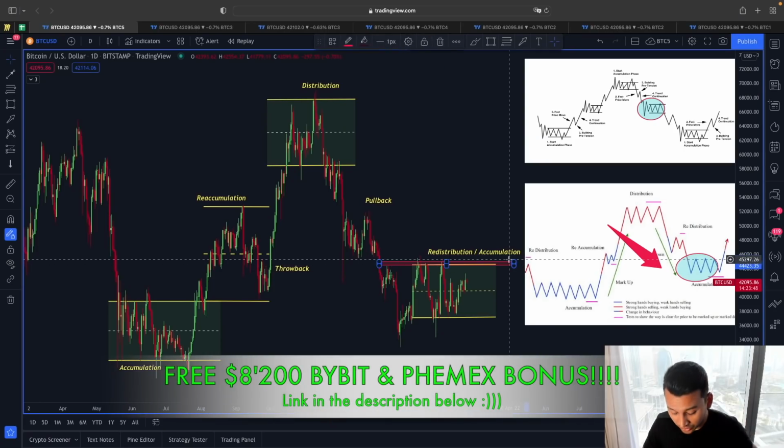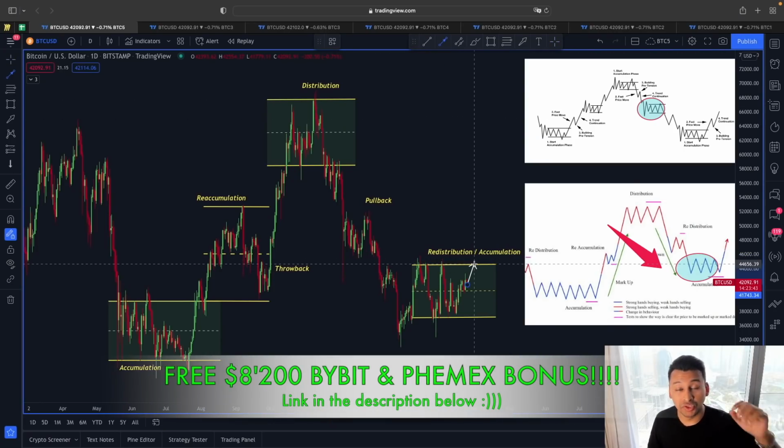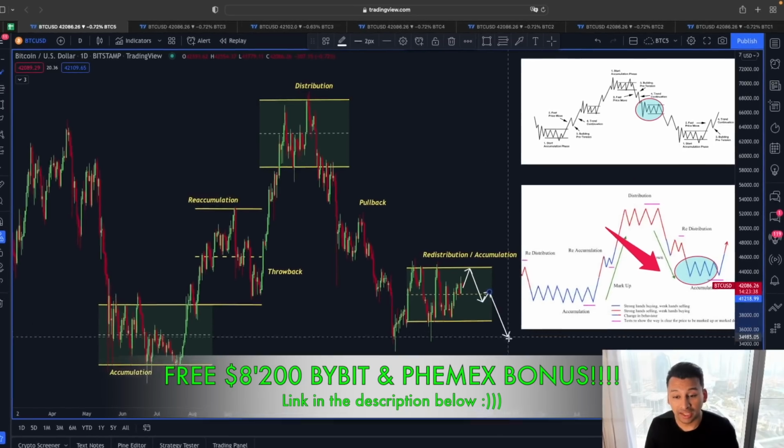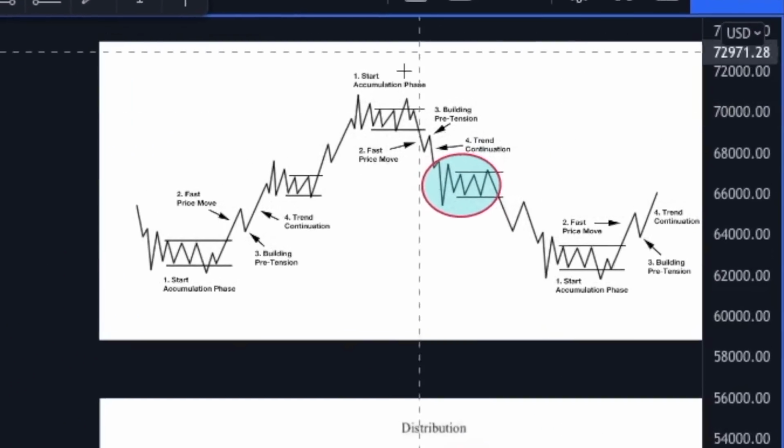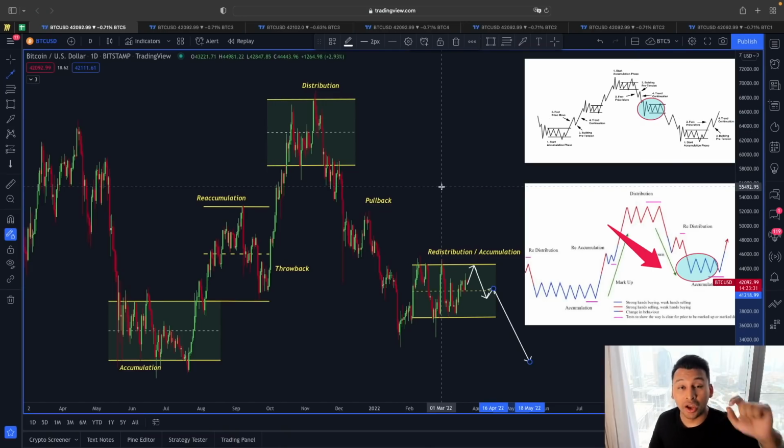But if the price of Bitcoin finds a rejection after reaching around this 44,000-45,000 range, then this could be looked at as a redistribution phase, exactly like as shown here in an example. So that's why, guys, unless the price breaks and flips this 45,000 resistance into support, this is still a sign of danger.